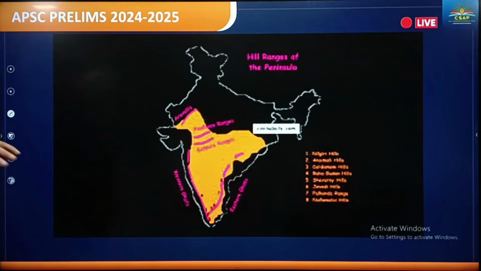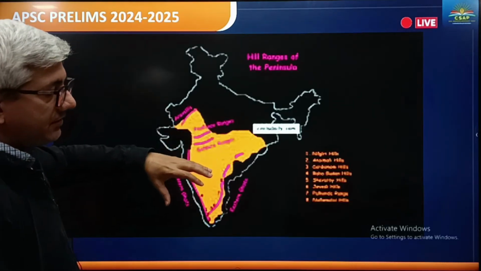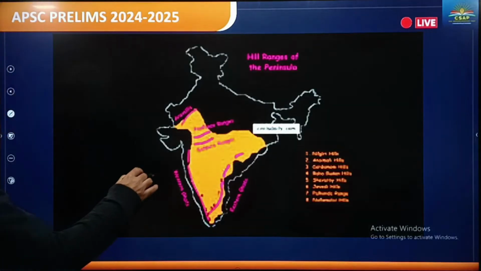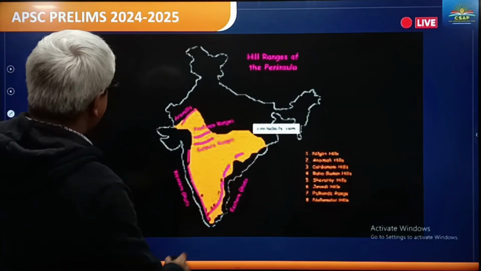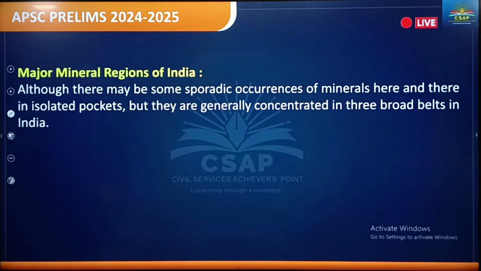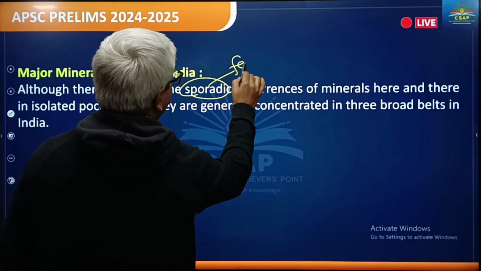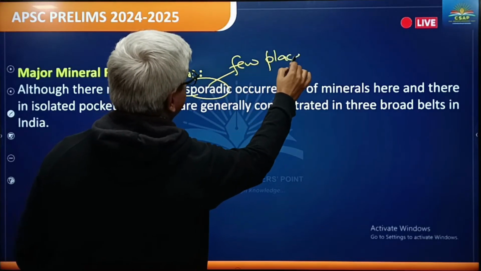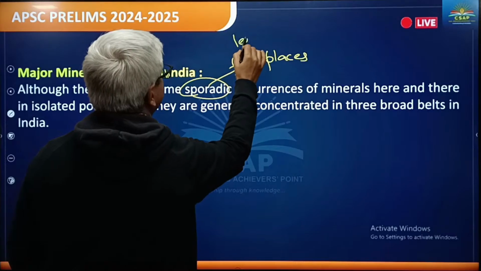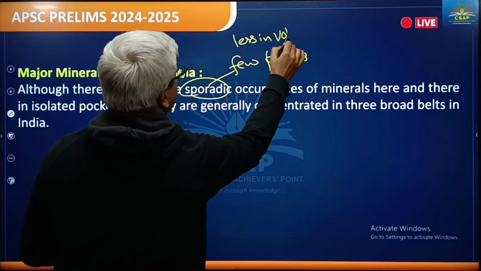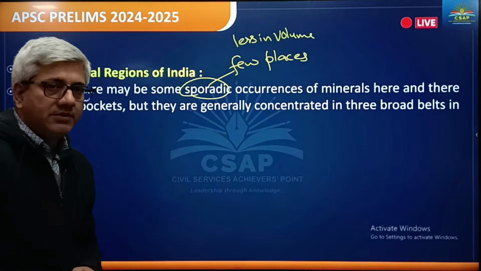So this is another diagram, which may not be very clear, to show the major mineral regions of India, the areas where mineral resources are found. Though there are many, there may be some sporadic occurrences of minerals here and there. Sporadic means few and scattered.